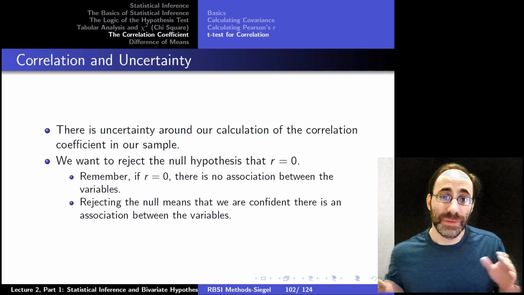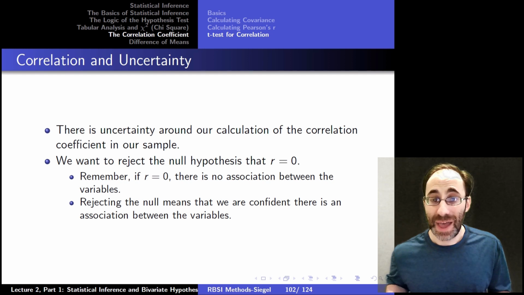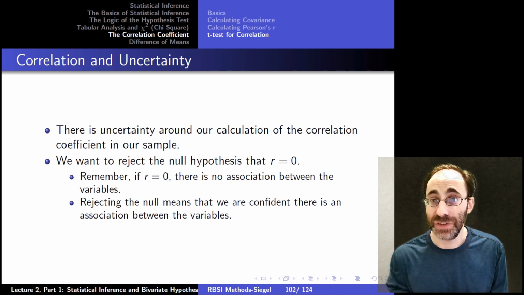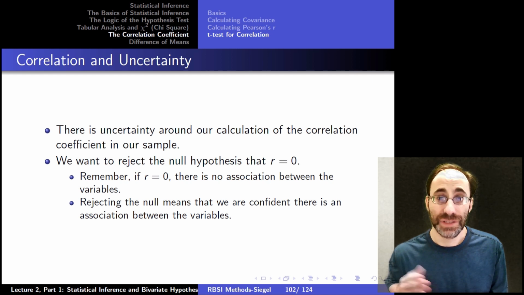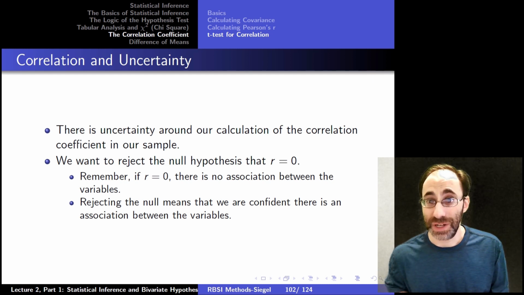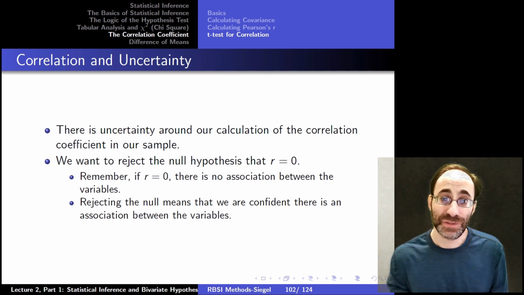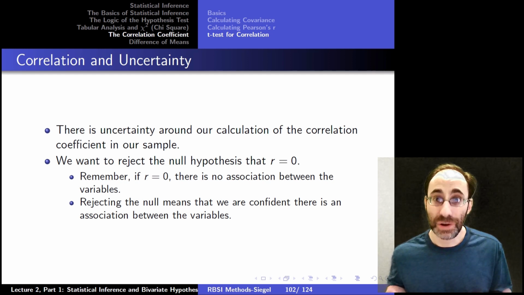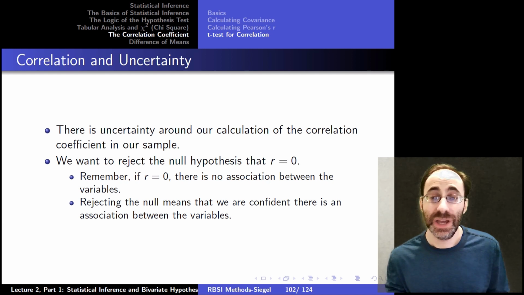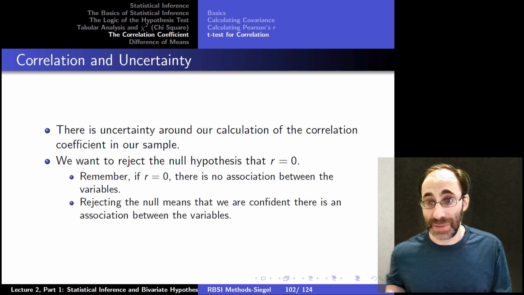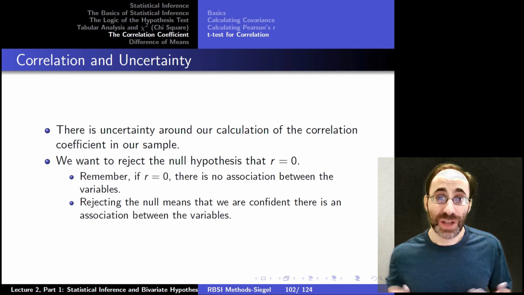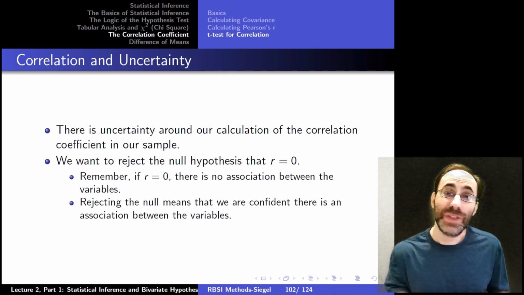Okay. Now, back to the t-test. So what we have so far is a correlation coefficient, which is a measure of association, magnitude or strength, and also direction. What we don't have is significance, because we haven't yet dealt with the fact that there's uncertainty around our calculation of the correlation coefficient, because it's calculated from sample parameters, and these parameters have associated uncertainty with them.